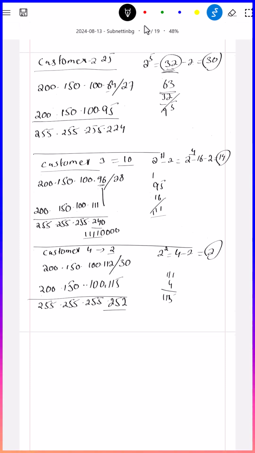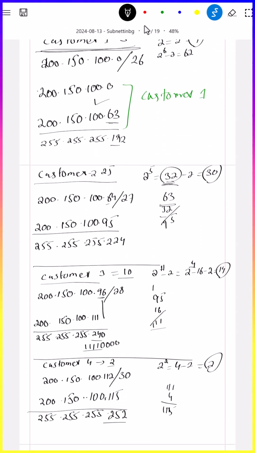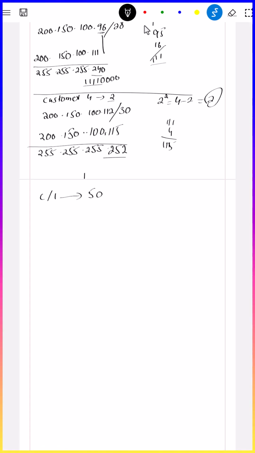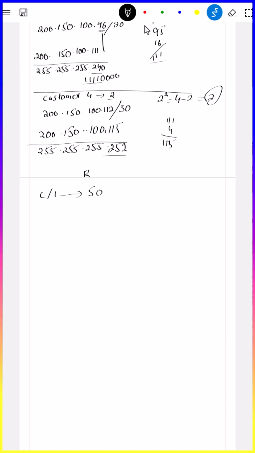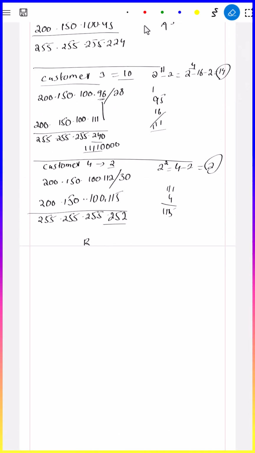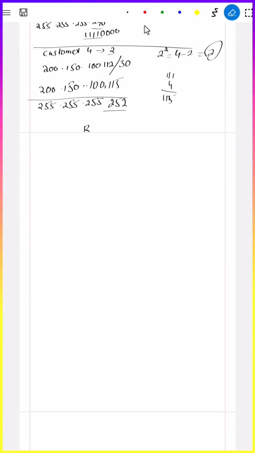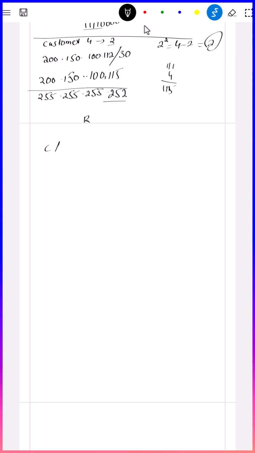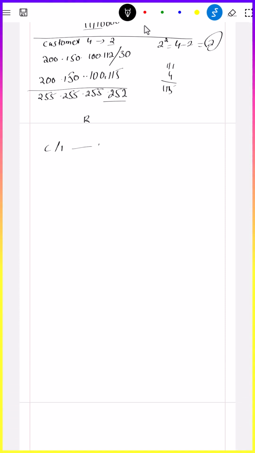Now let's compare the requirements, available addresses, and the wastage. Customer 1 required address was 50.